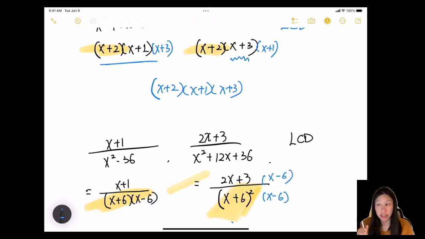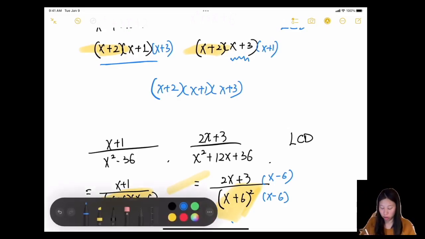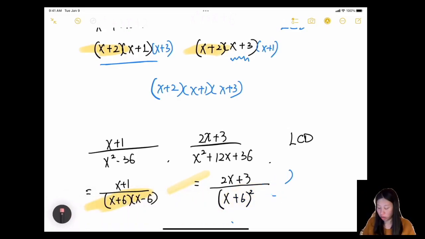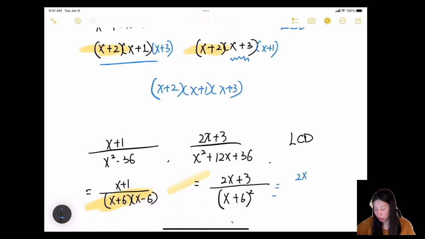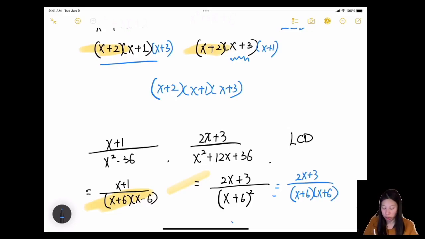So this is yes and no, because if you look at the second one, they actually have not just x plus 6, they have x plus 6 squared. So instead of looking at it as x plus 6 squared, you can see it as x plus 6 times x plus 6. Now look at these two functions. What do they have in common?